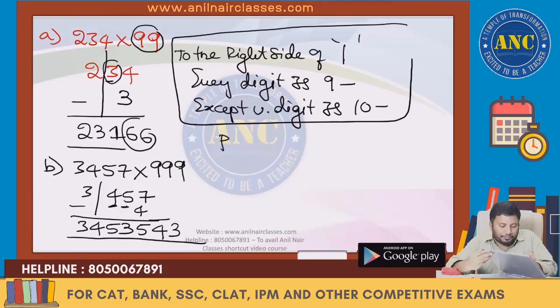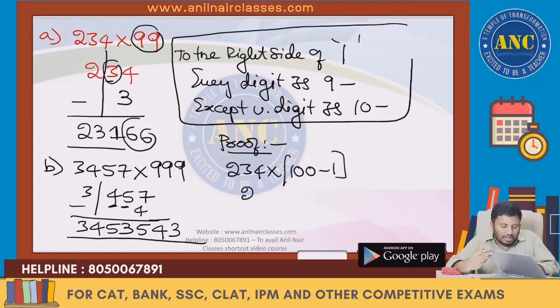Proof: why is it happening like this? 234 into 99 is 100 minus 1. This is nothing but 23400 minus 234. See here, 0 will not go, so carry.